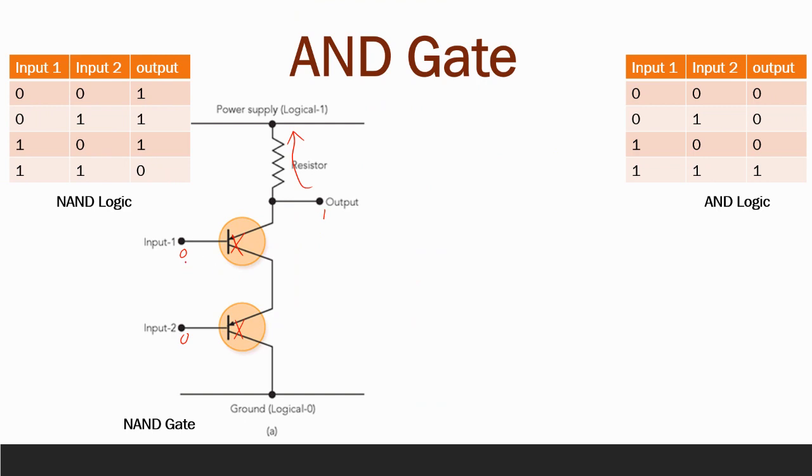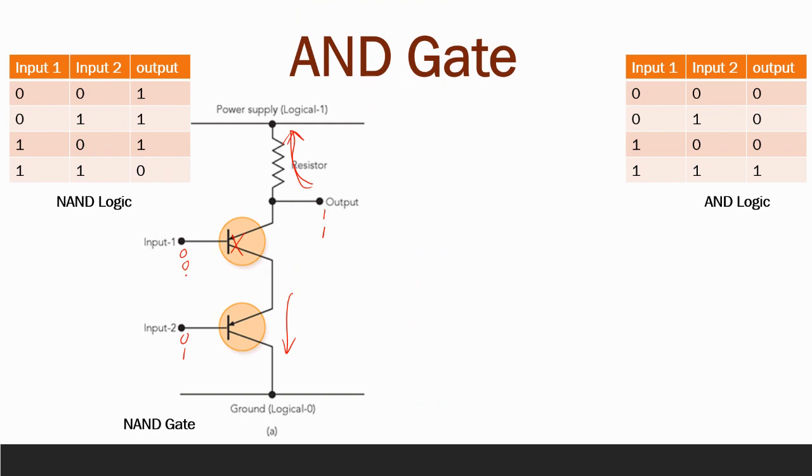When input 1 is at a low level, while input 2 is at a high level, the upper transistor shuts down. Even though the lower transistor conducts, the output is still pulled up to the power and is at a high level. Therefore, 0 and 1 shall be 1.